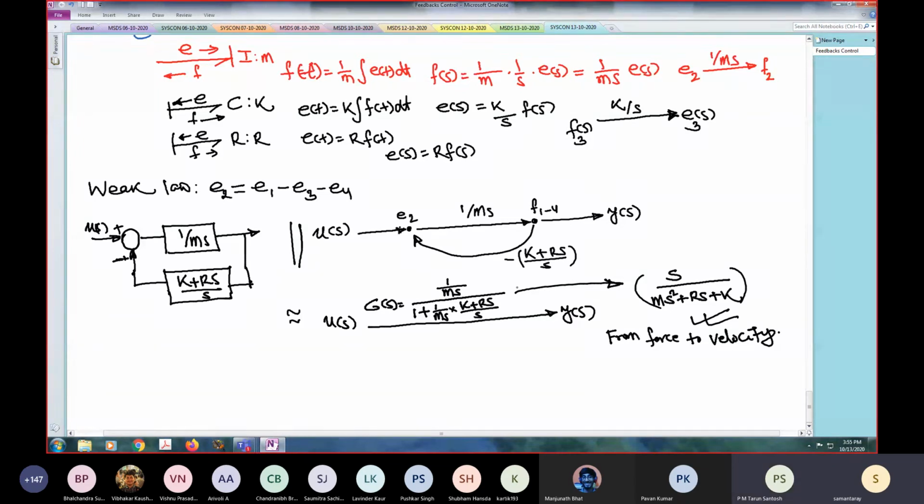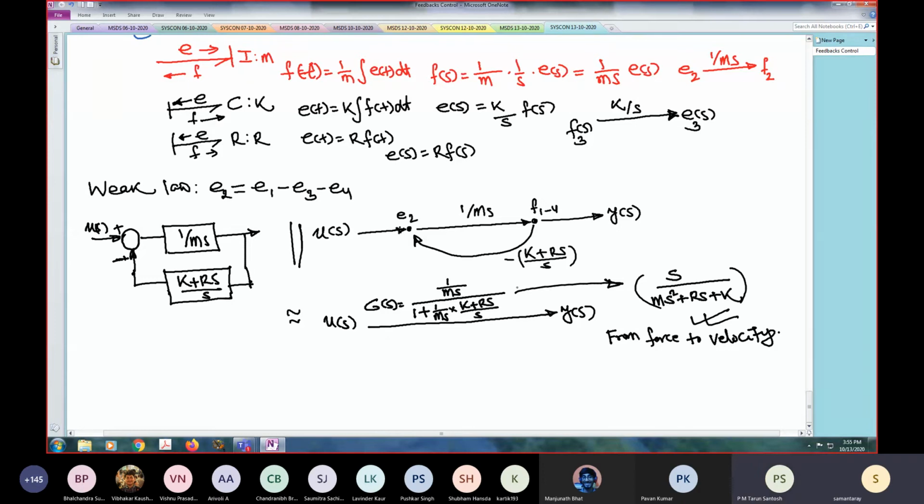So that minus sign, that E2 node we are taking as a comparator. In the block diagram, that comparator, we take out that minus sign and put it in the gain. It might be a comparator, it might be plus plus. It could be anything. If it is plus plus, then we will ultimately have 1 plus instead of 1 minus.